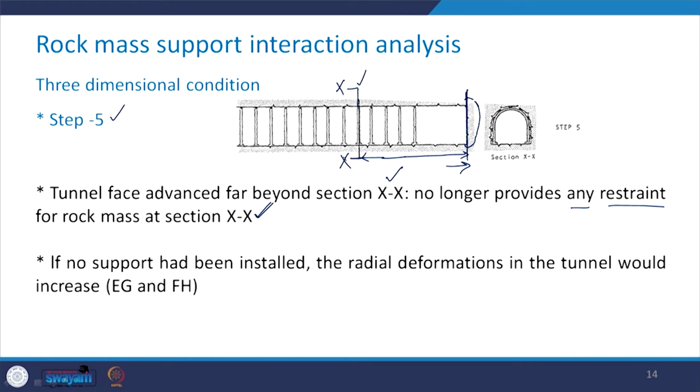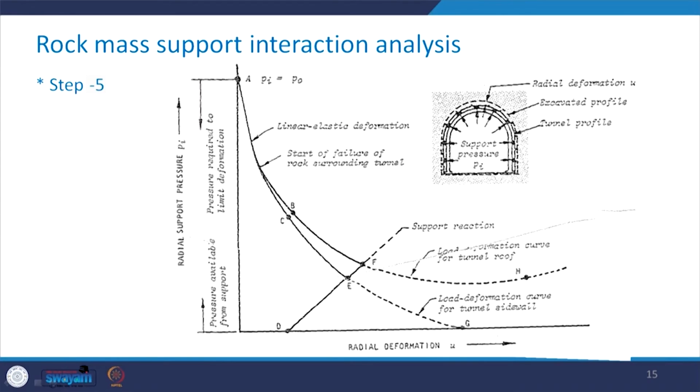Now, in this case the support system has been installed at the section XX, but assume a condition that if there is no support which has been installed, what will happen to the radial deformation of the tunnel? It will increase, and that will result in these lines EG and FH. See here, if the support system is not installed, it will further increase in this particular manner.